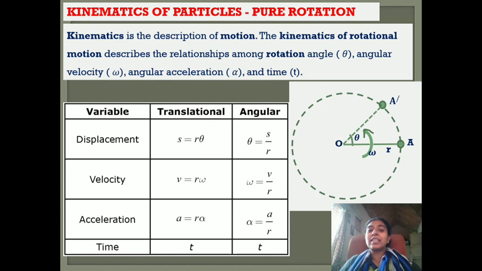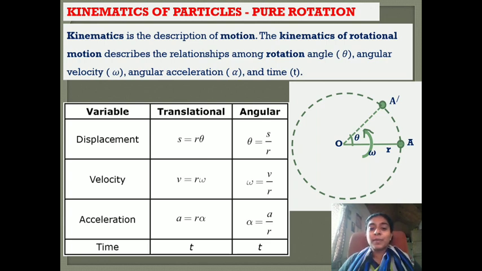What is the relationship between the displacement, velocity, acceleration and time in translational motion and angular or rotational motion? The symbols for curvilinear and rotation are similar.